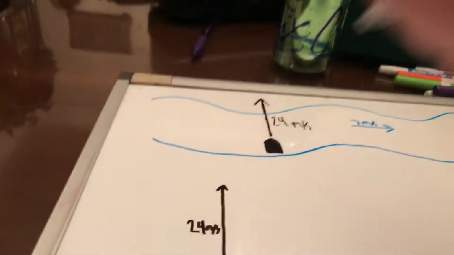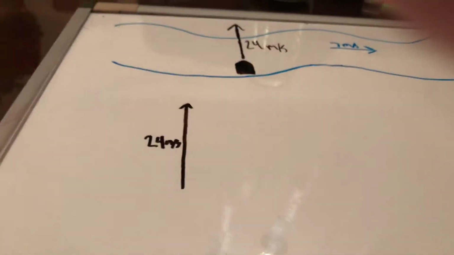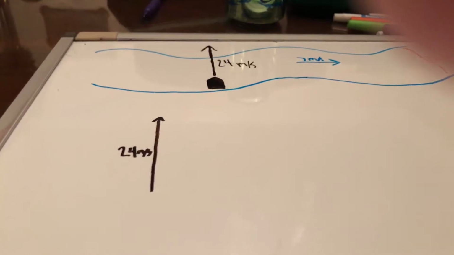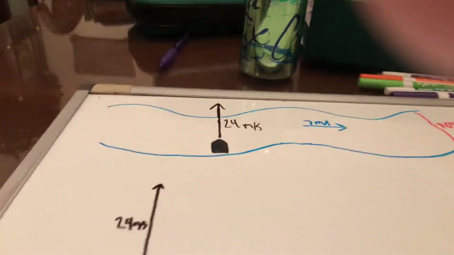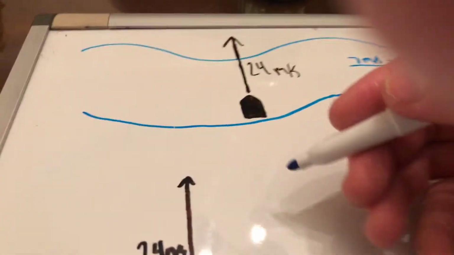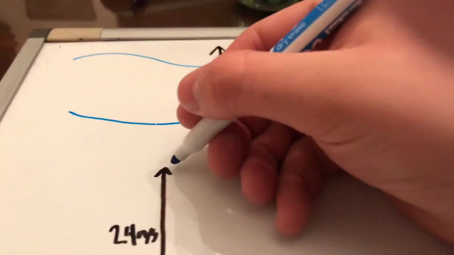And that would be like this, straight up, just like in my picture. And the current is providing a push down the stream, so it'd be 7 meters per second to the right.